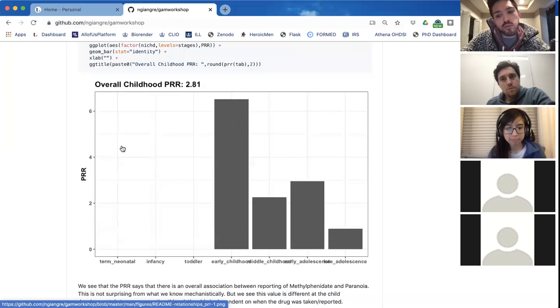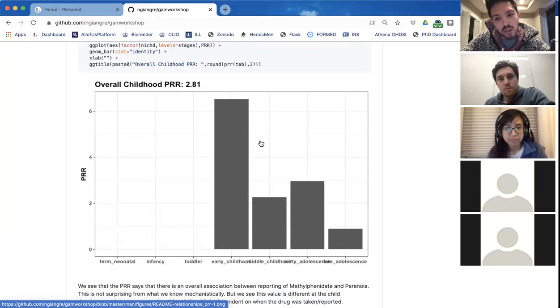And then I show the PRR within these different strata. So we cut the data up by stages and compute the statistic in those stages. You can see that early childhood was one of the highest event prevalence with the drug compared to not.